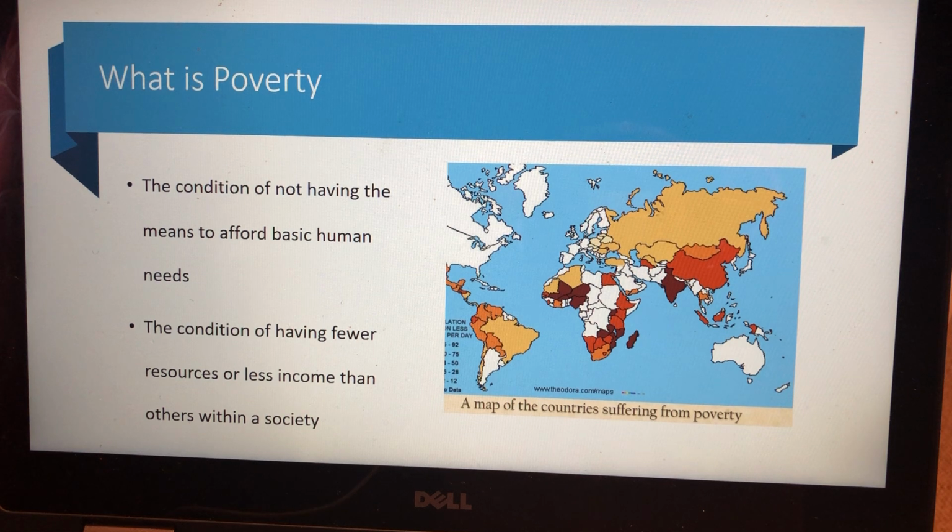How do we measure poverty? One example of measuring poverty is to use an index, looking at the number of people who are deemed poor over the total population. Based on the United Nations standard, if you are living on less than $2 a day, you are deemed poor, so you can be counted as a poor person.